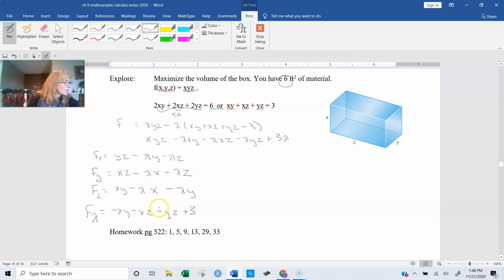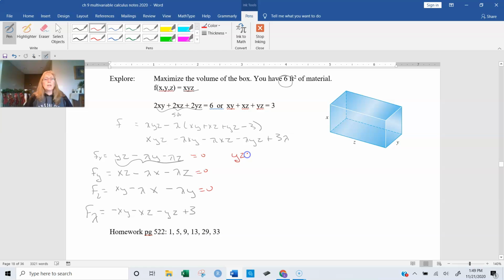Now set these things equal to 0. And we've got to solve. So we want to take this guy and we're going to solve it for lambda right here. Let's get ourselves a different color so we can see what's going on. If I'm setting this equal to 0 and I'm solving for lambda, I'm going to move the 2 lambdas to the other side.